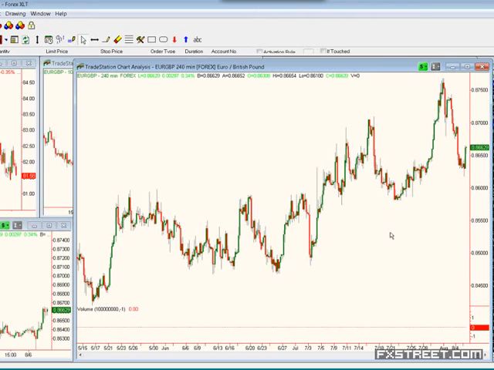Okay, so again, you should be able to look at this chart and very quickly get to a point where you say, you know what? There's the fresh supply above. There's the fresh demand below. There's actually a little level right here, but I don't know that it's 100% fresh.